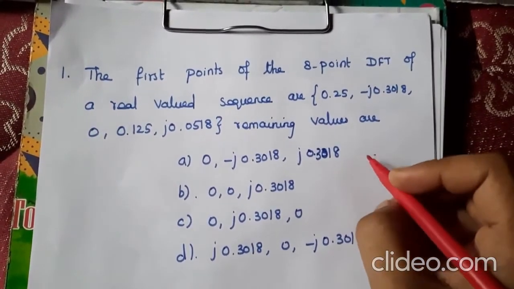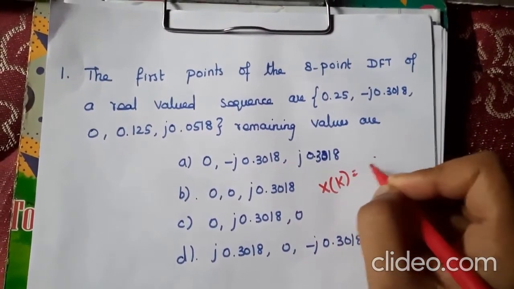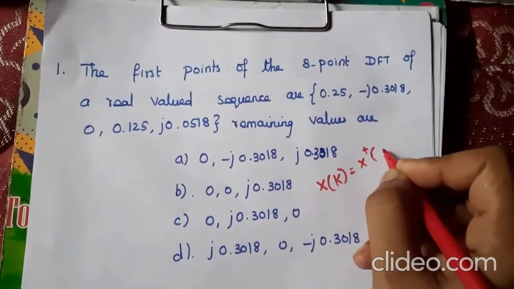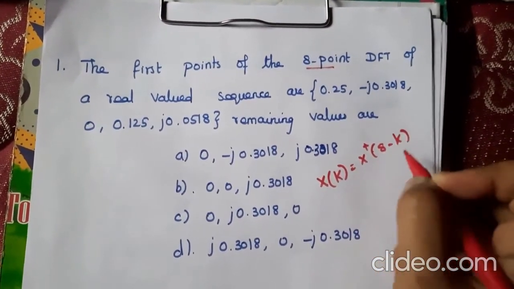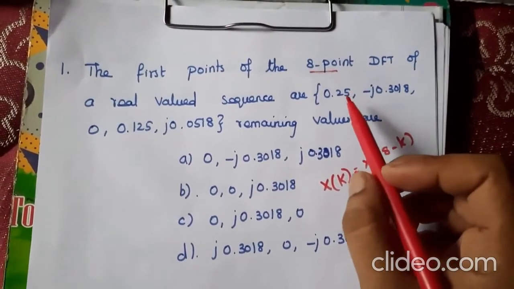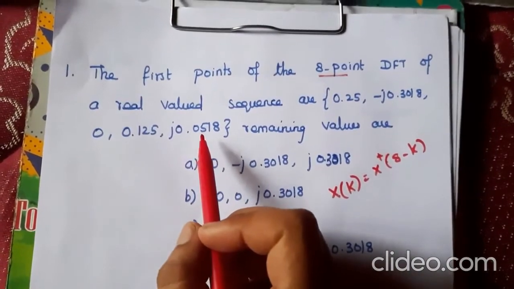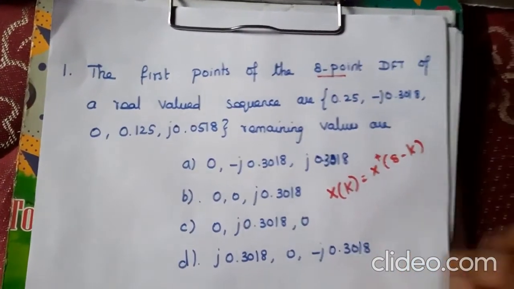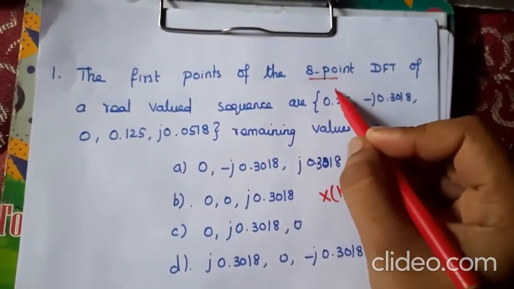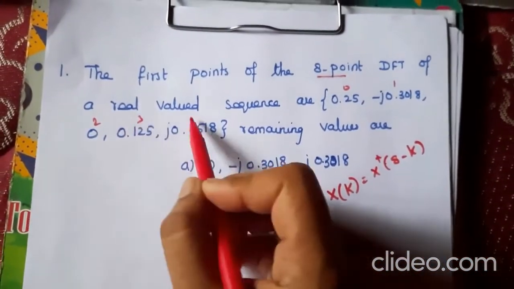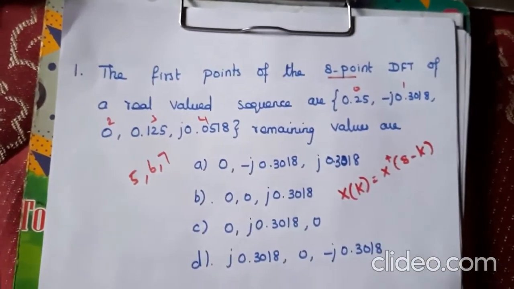Here we know that X of k is equal to the conjugate of X of 8 minus k, since this is an 8-point DFT. It requires 8 values, and 5 values are given: 0, 1, 2, 3, 4. You have to find the remaining 3: 5, 6, 7.